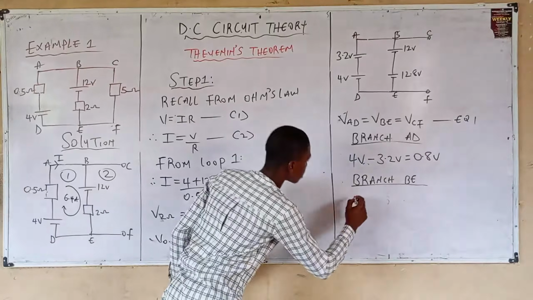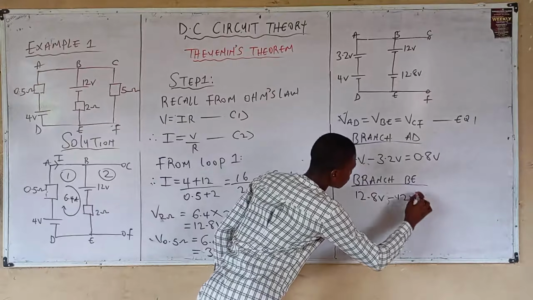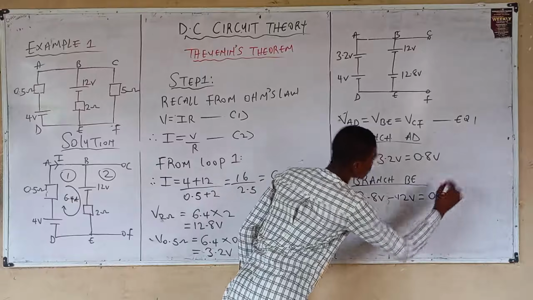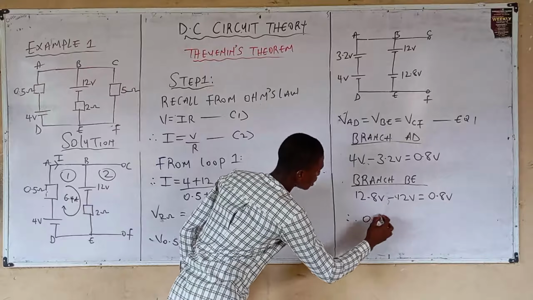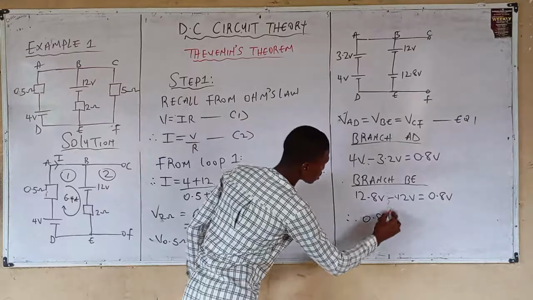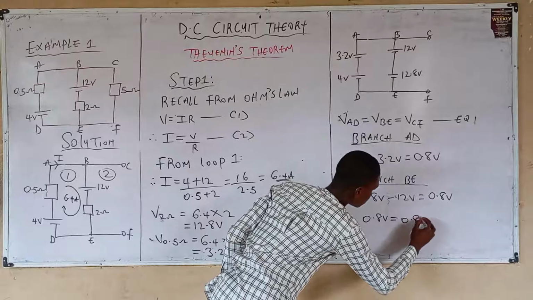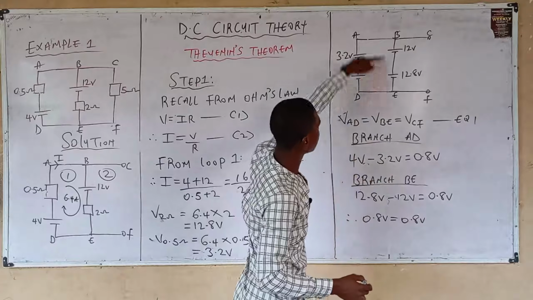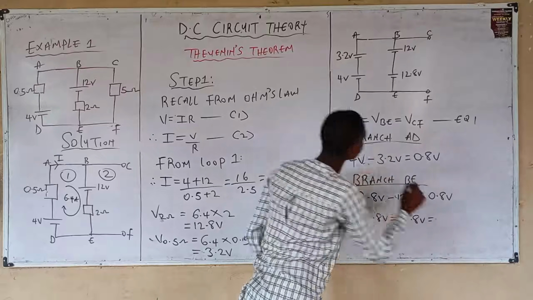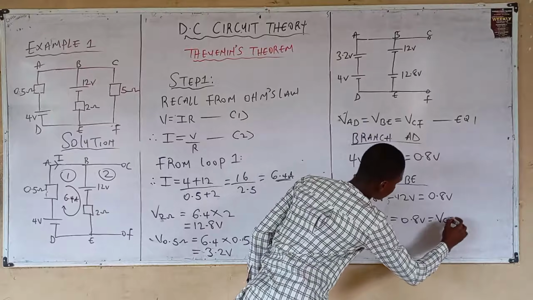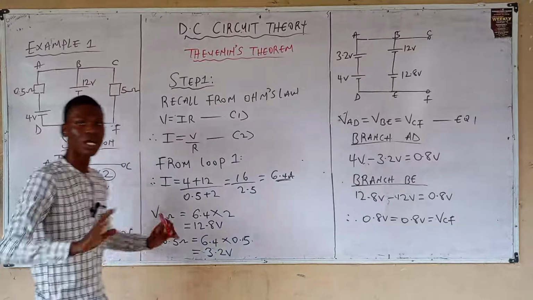What do we have? That's 12.8 volts minus 12 volts, and this is equal to 0.8 volts. Hence, so therefore, 0.8 volts, which is the voltage of branch AD, is equal to 0.8 volts, the voltage of branch BE, which is equal to the voltage of branch CF, the unknown we are calculating from the question. So that's how it works.